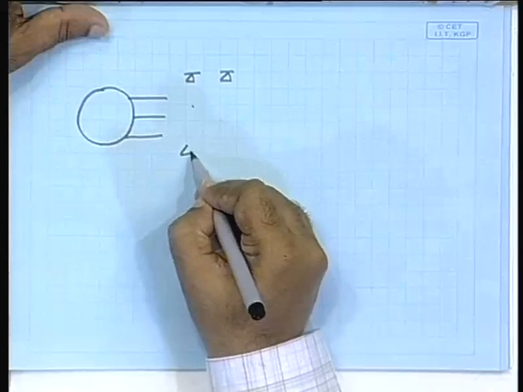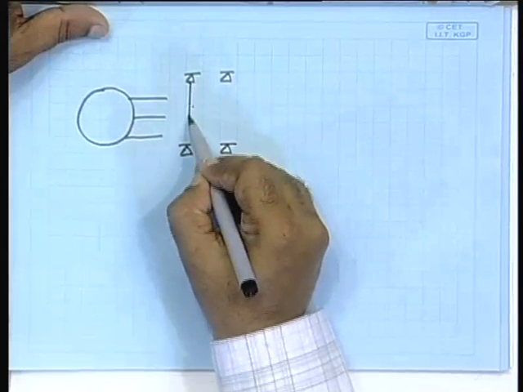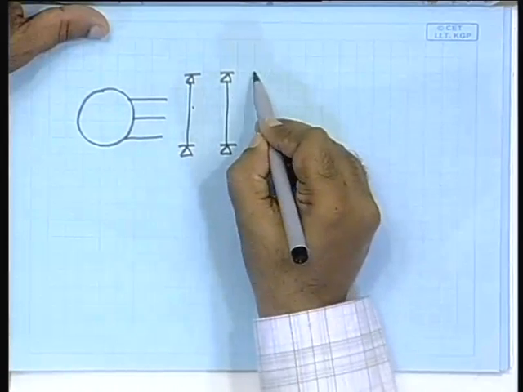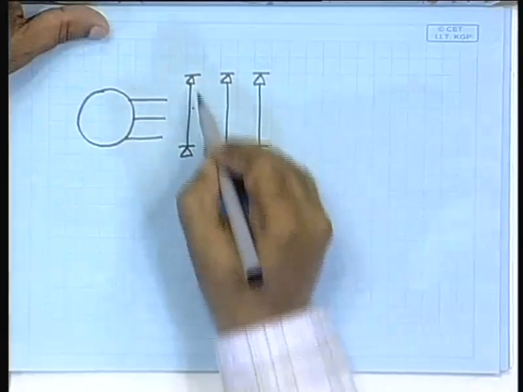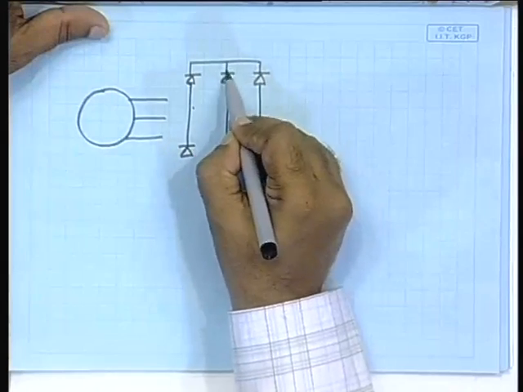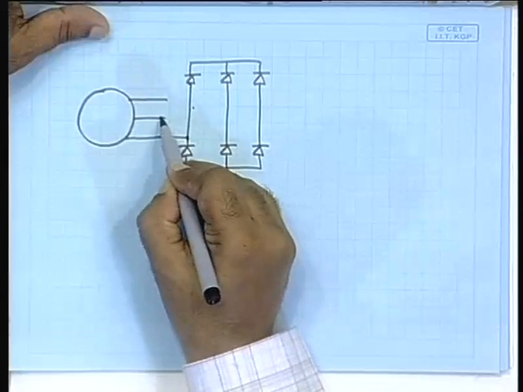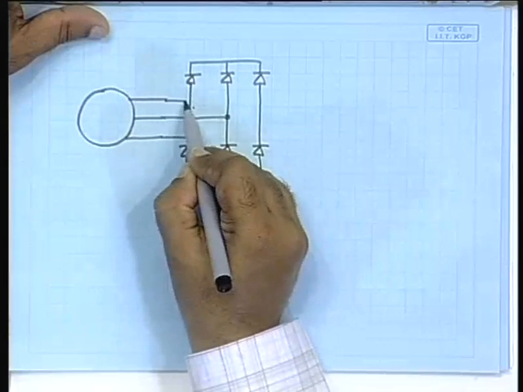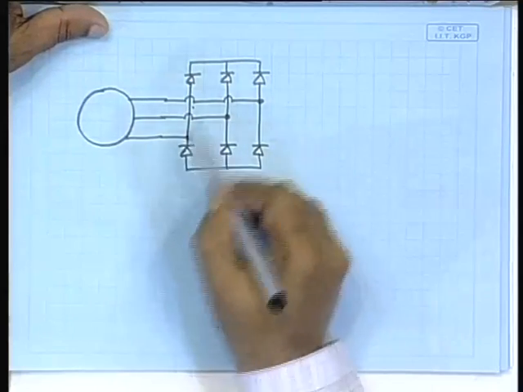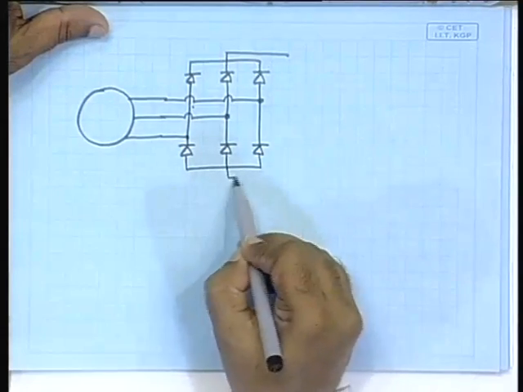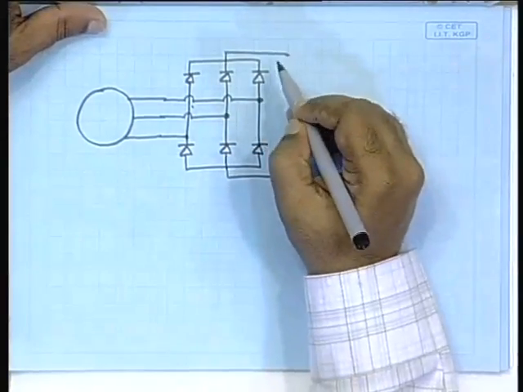Here I will draw. So, you have a DC generated at this point by this rectifier arrangement, and that DC will have ripples.